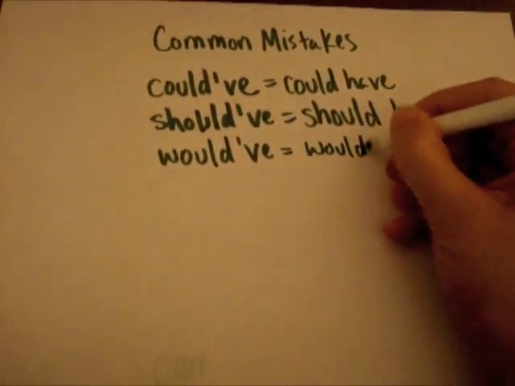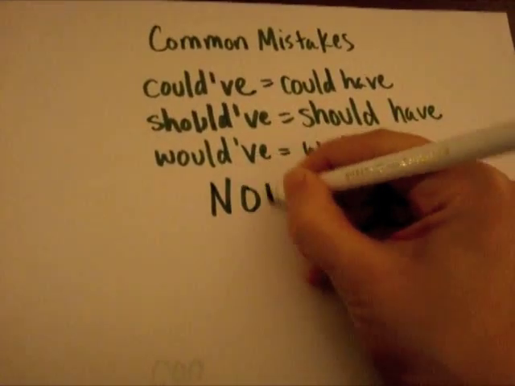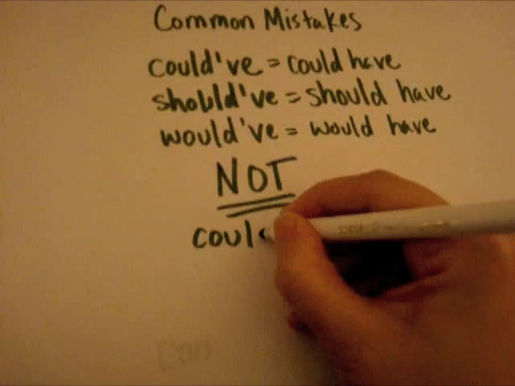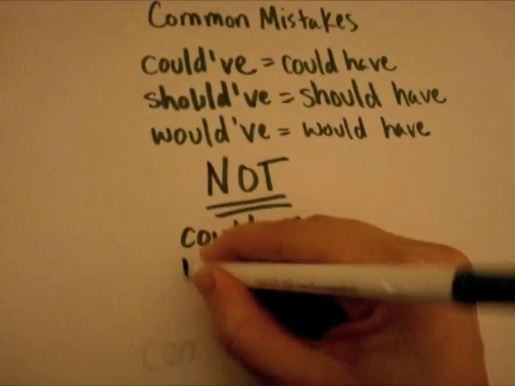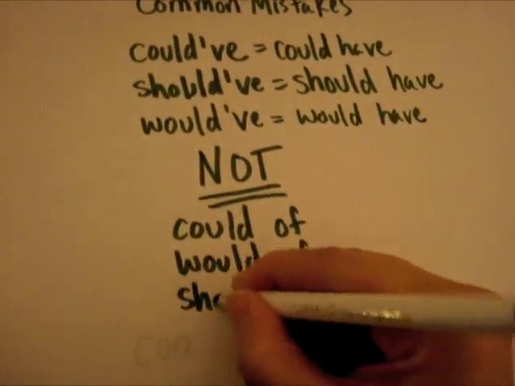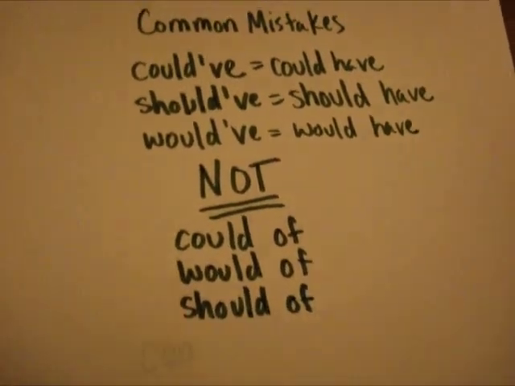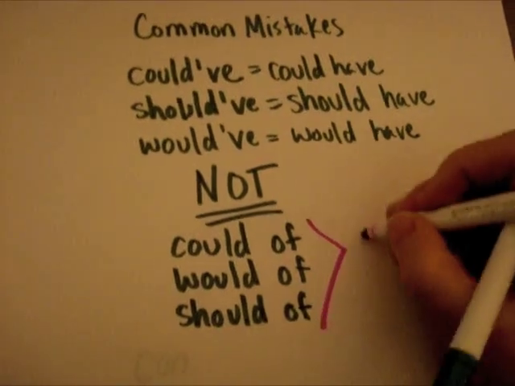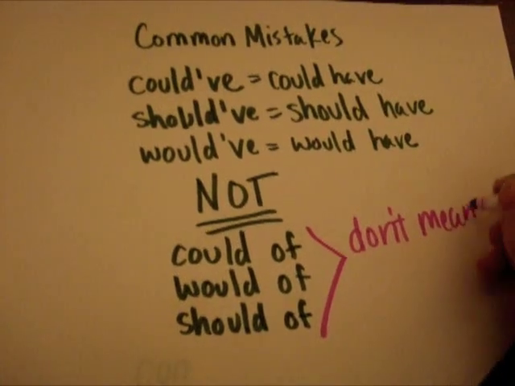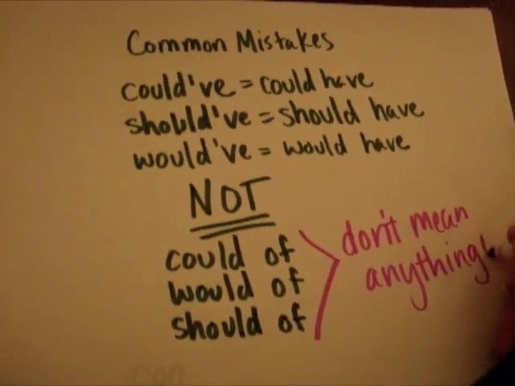Rather than recognizing that the apostrophe represents the H and the A, they write it could of, two separate words, or would of, or should of. Those two words together actually don't make any sense. Instead, we should use the apostrophe VE when we want to say that, because what we are really doing is creating an apostrophe contraction.